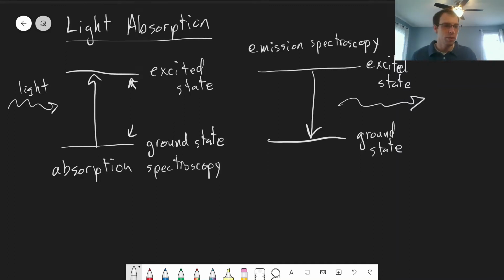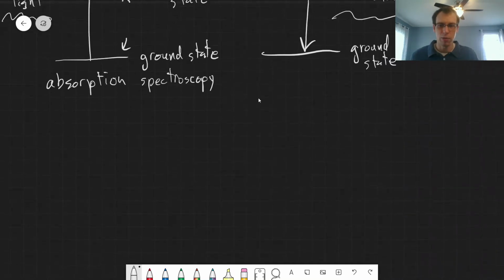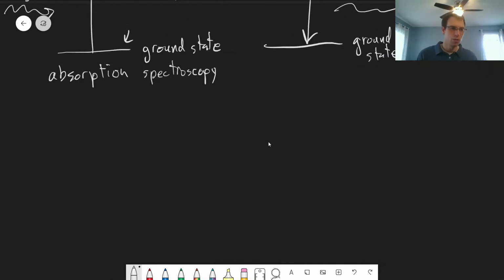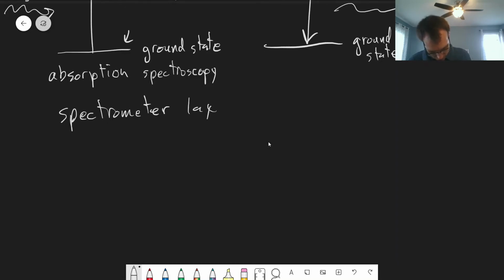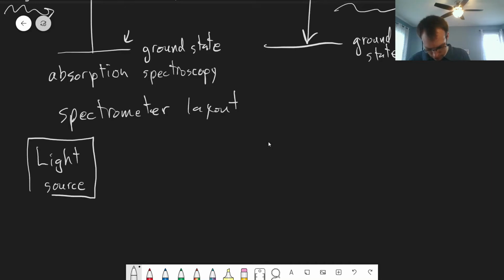Now, the basic way we do this, I can just walk you through the basic outline of a normal spectrometer or a spectrophotometer. Spectrometer layout. So what we need is some way to produce light. Again, this is for an absorption light experiment, so we need a source of light.